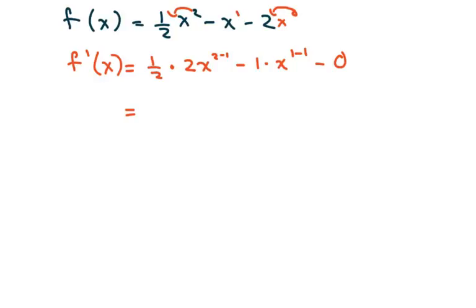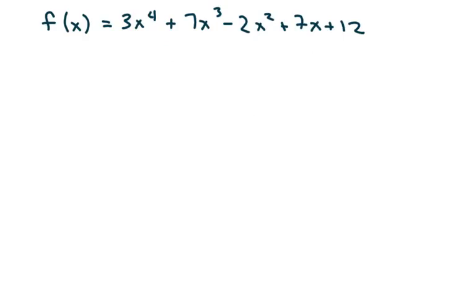And then you clean it up. You're going to get x, because this is 1/2 times 2 is just 1, x to the 1 minus 1 times x to the 0 minus 0. All right, so this is going to equal x minus 1, because that goes away, and this equals 1.